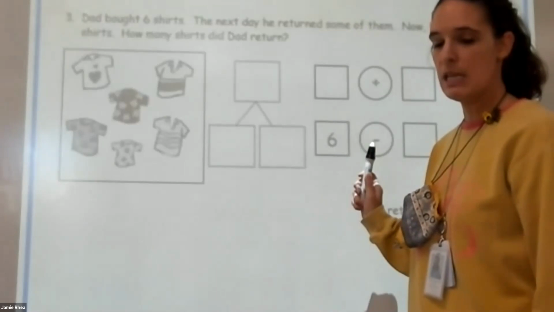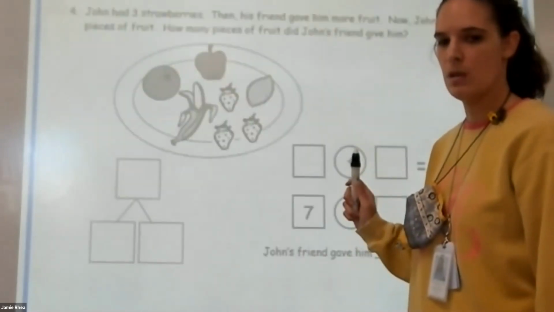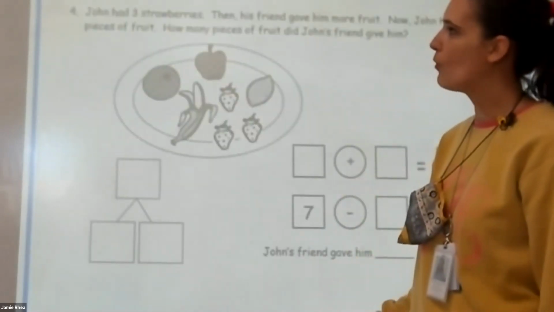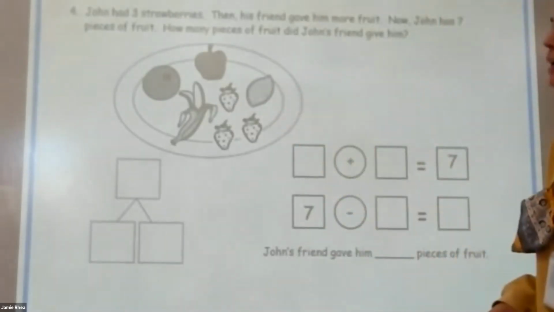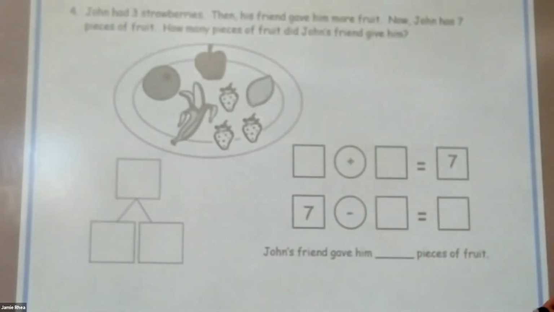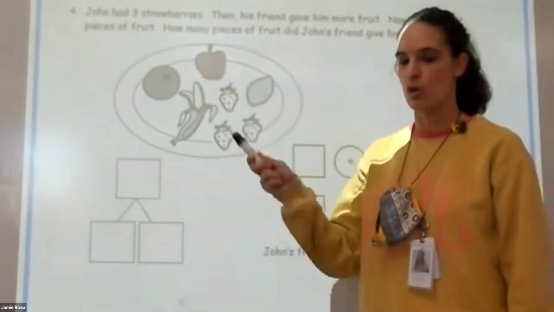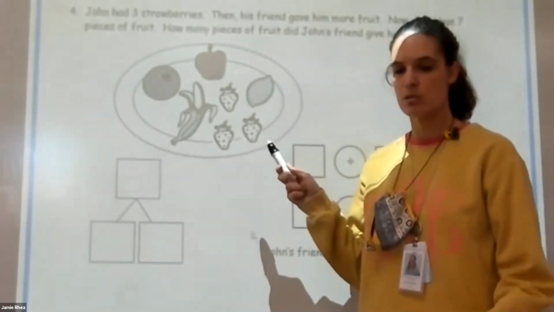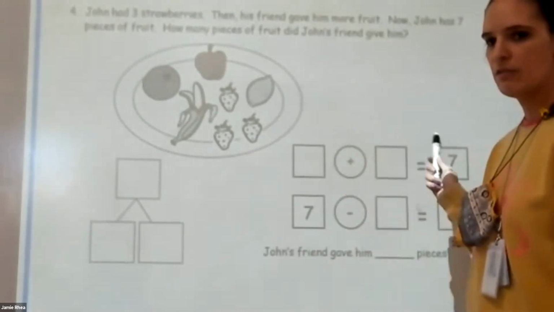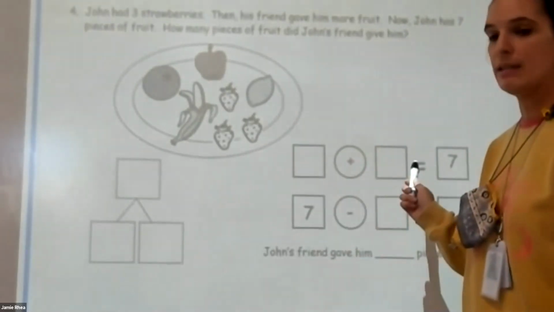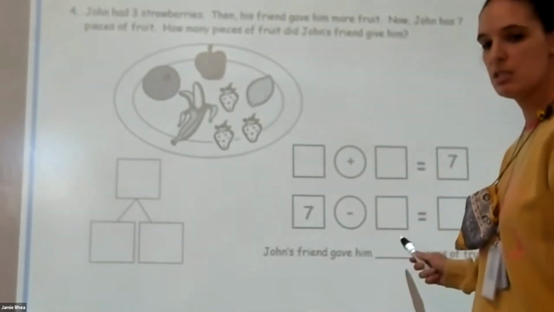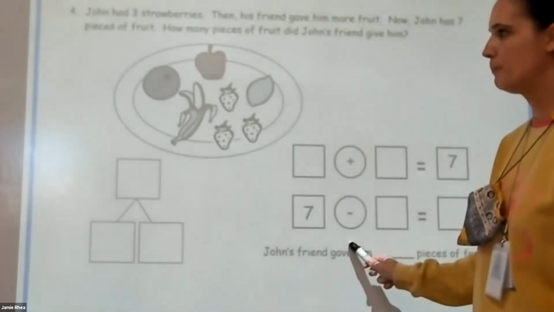Same with number 3. If you do number 3, let's look at number 4. John had 3 strawberries. Then his friend gave him more fruit. Now John has 7 pieces of fruit. How many pieces of fruit did John's friend give him? Again, draw your line or circle your parts, fill in your number bond, fill in your addition sentence and your subtraction sentence, and fill in your statement.